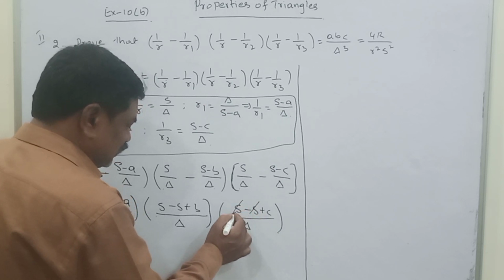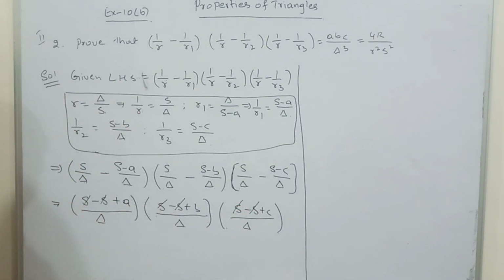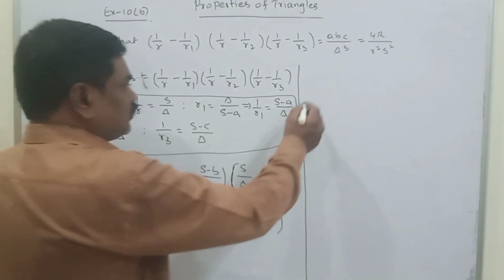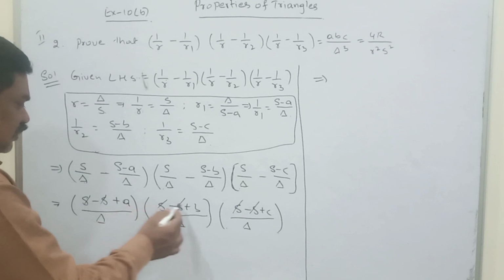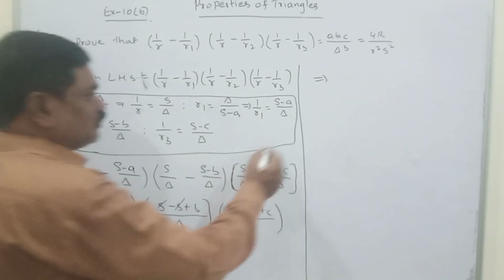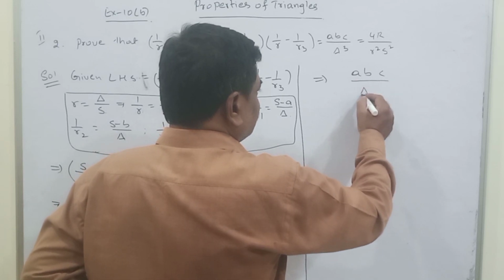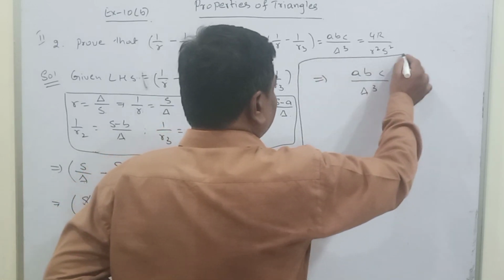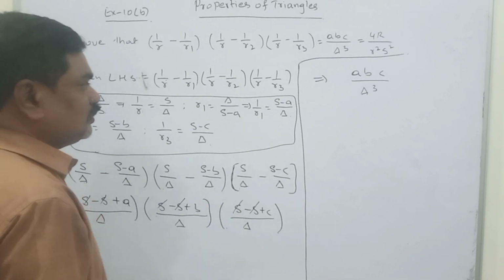So minus s plus s cancel, minus s plus s cancel, minus s plus s cancel. Then what we will get? This implies the numerator is abc by delta cube, with denominator delta into delta into delta.